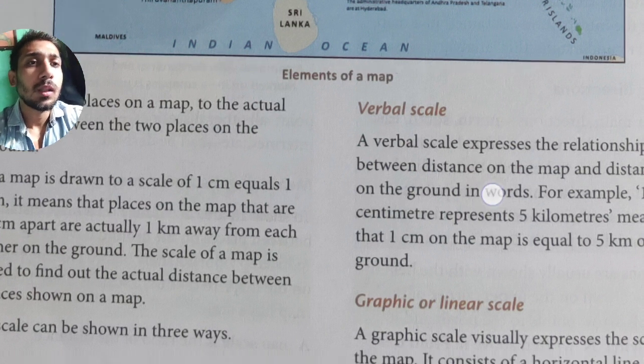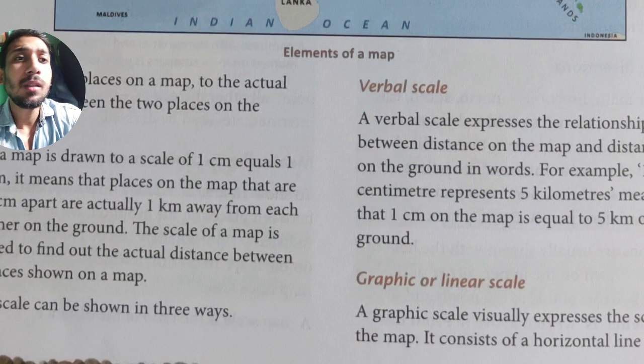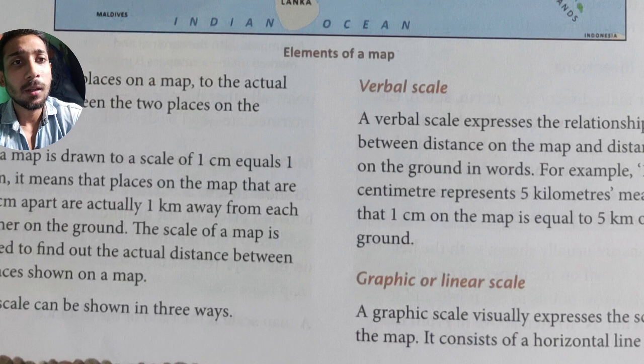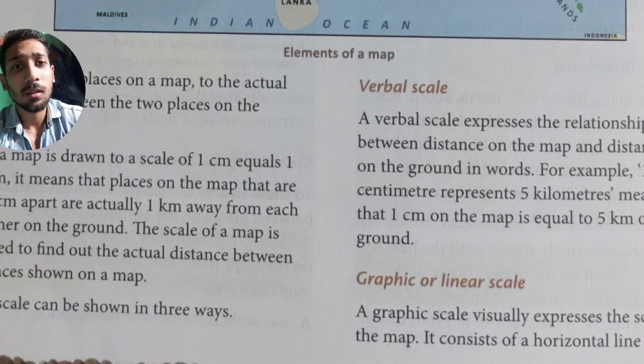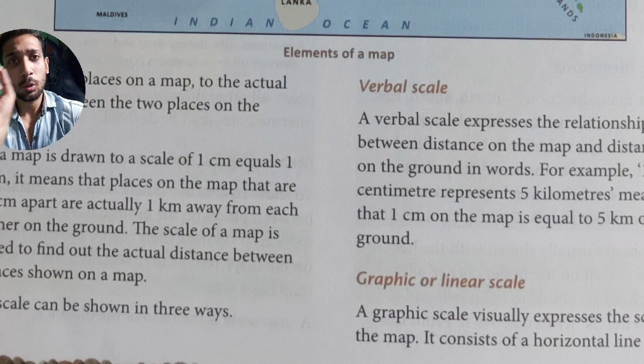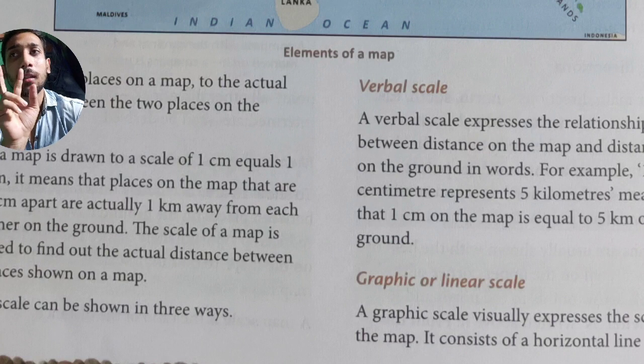So here you can see the example. If 1 centimeter represents 5 kilometers, means 1 centimeter of a map is equal to 5 kilometers on the ground. Exactly the same as I had just explained to you before. There are 2 points on the map, okay, and the difference between those two points is 1 centimeter.